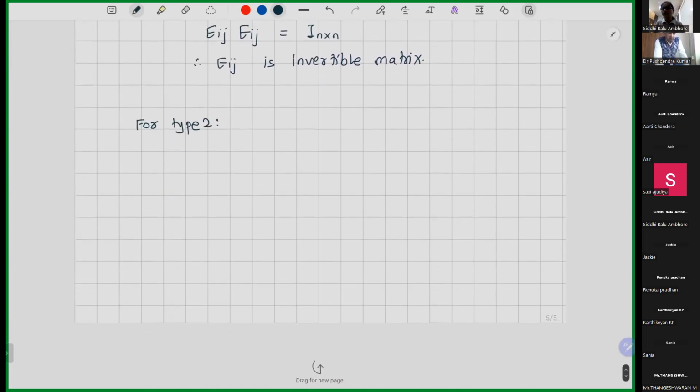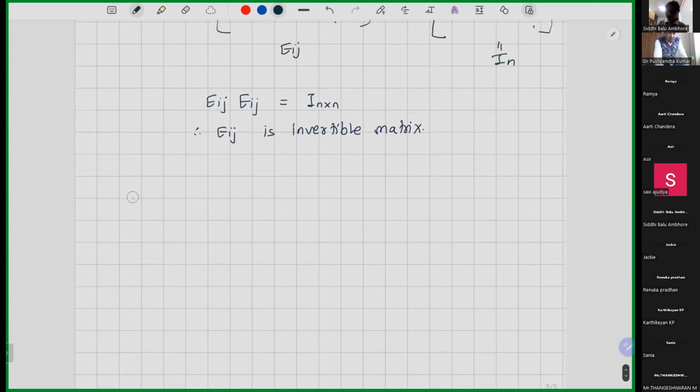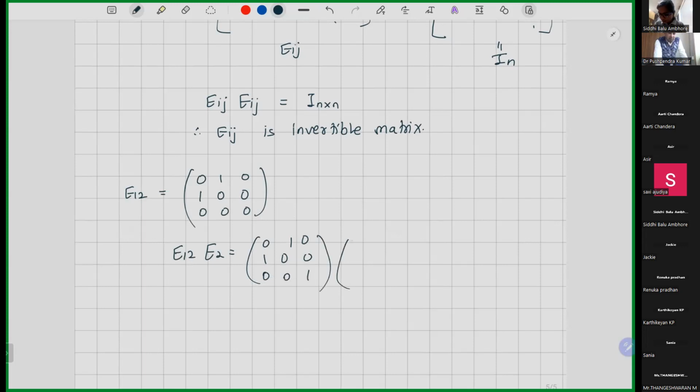So what we are doing is, if I have E12 in 3 cross 3, it is 0 1 0, 1 0 0, 0 0 1. So 1 and 2 are swapped. But then again E12 multiplied by E12, it is 0 1 0, 1 0 0, 0 0 1 multiplied by 0 1 0, 1 0 0, 0 0 1.